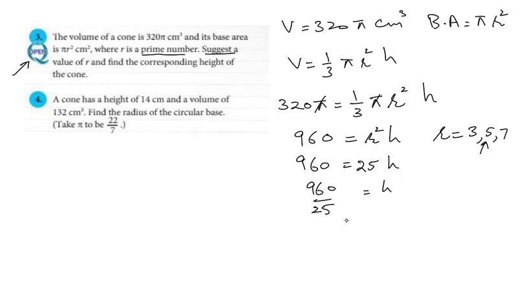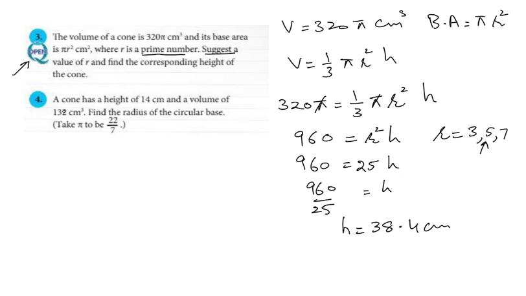Solving this using the calculator, you get the answer to be 38.4 centimeters, which will be the height in this case. As this was an open-ended question, such questions will not be asked in your examination. This is just given for your own practice.